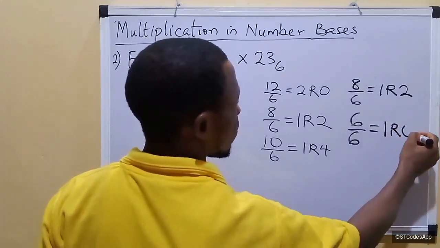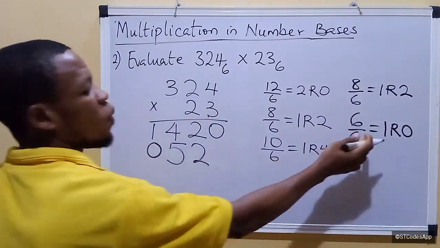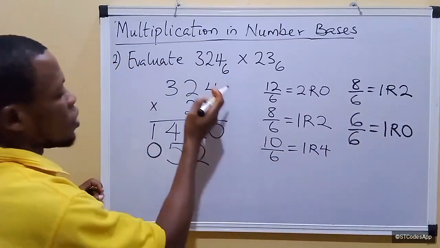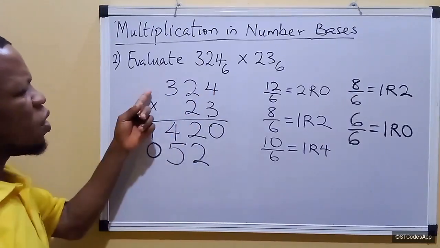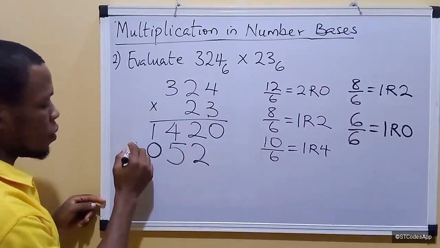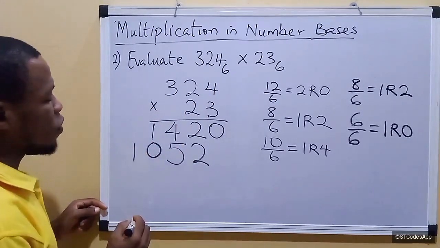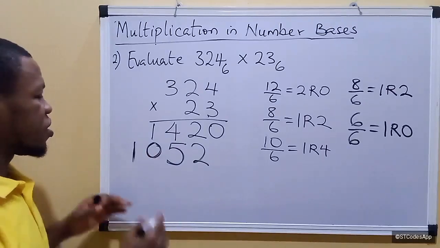Since nothing is left, we have remainder 0. So this time I'll write down my remainder, and then the 1, which is the quotient, we carry over to the next place value. But since there's no other digit to multiply with here, we simply put it down. So we have 1052.